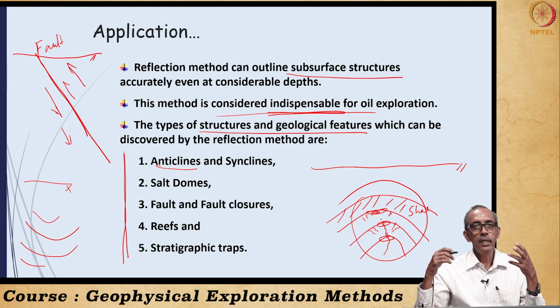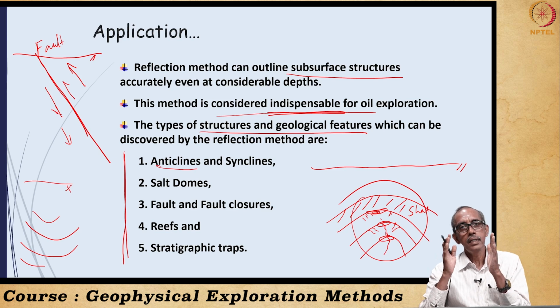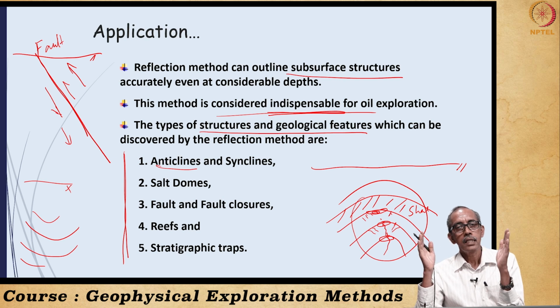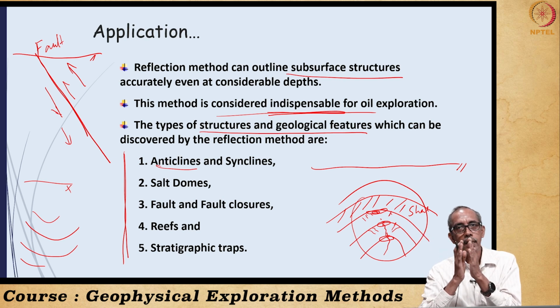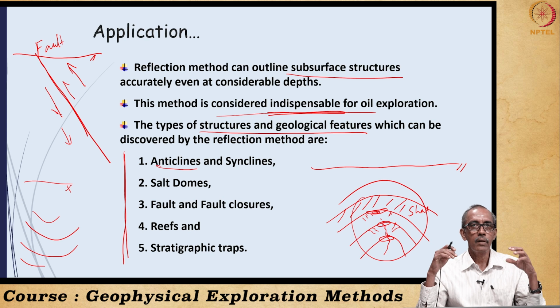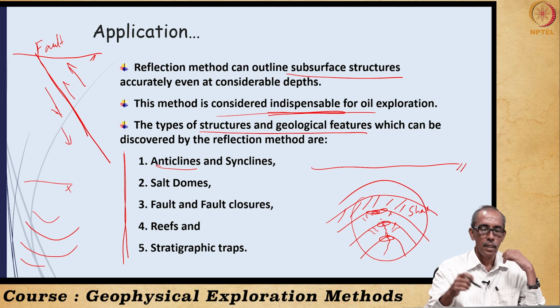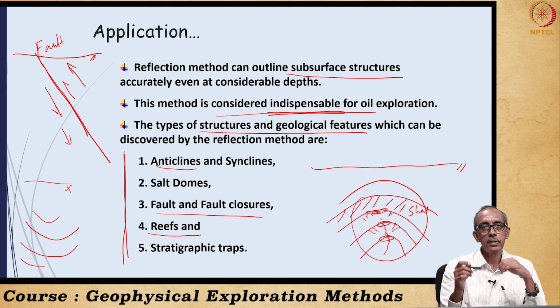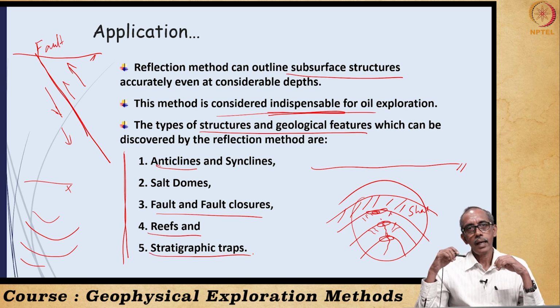How are we able to delineate all these features? Because we are going to have a kind of image of the subsurface. What is the image? All the seismic signals, all the seismograms, are stacked with each other, and that itself will appear like an image. So, we can determine fault closures, reefs and stratigraphic traps.